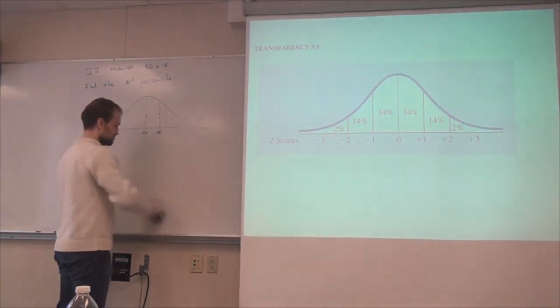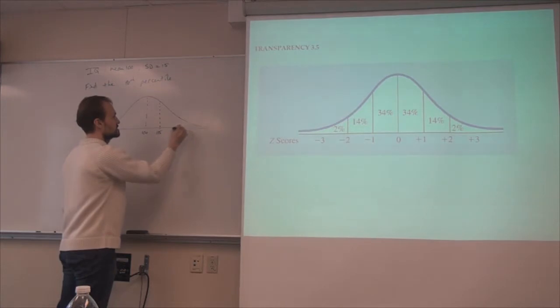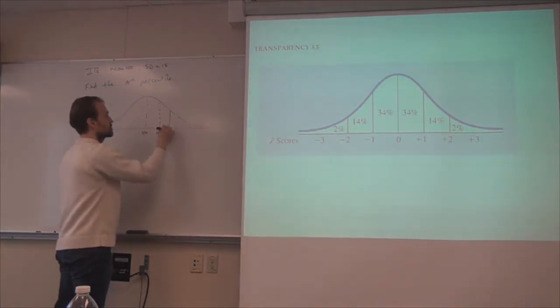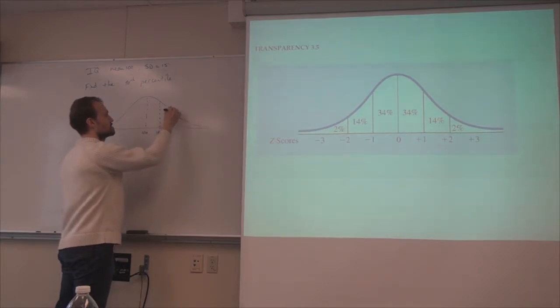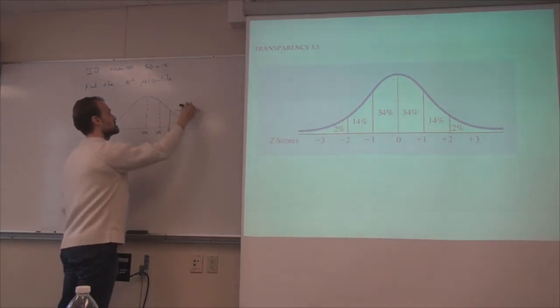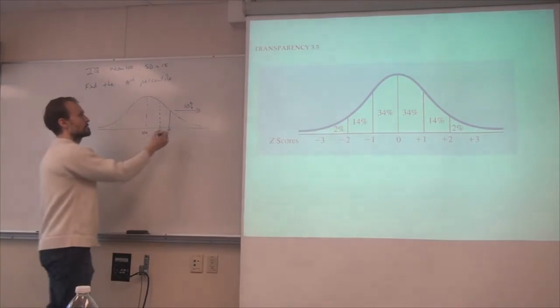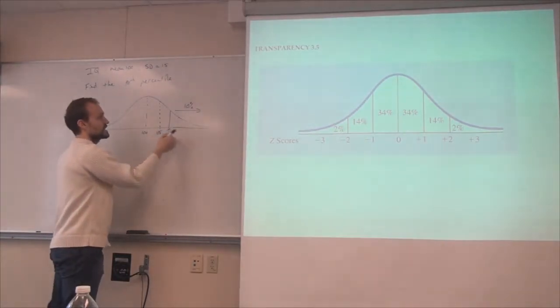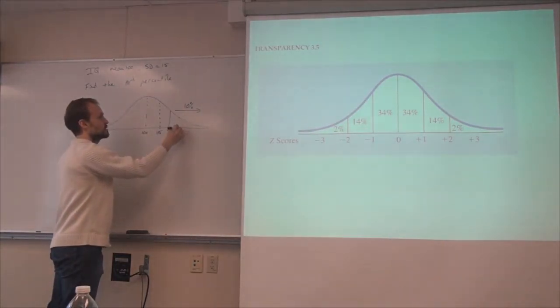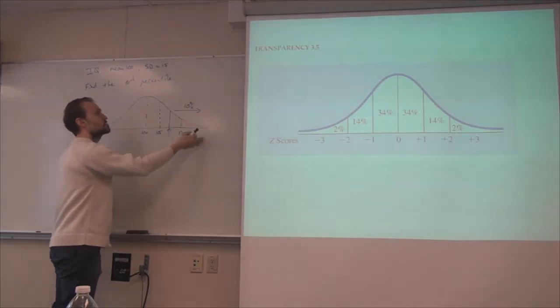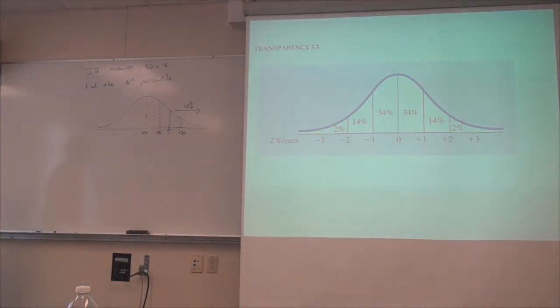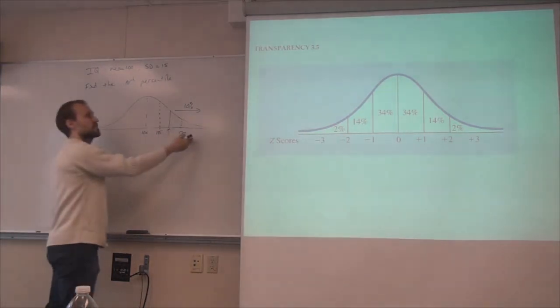So maybe this 10 should just be shifted a little bit. I'm over here. So the 10% is above me. The next standard deviation step is going to be 130, and only 2% of the population is above that. Only 2%.